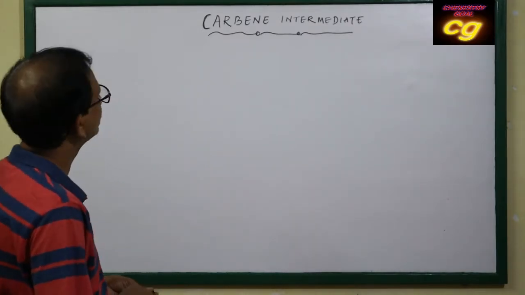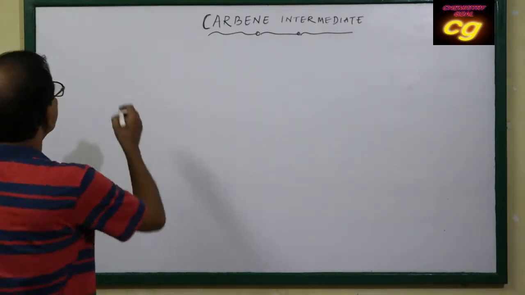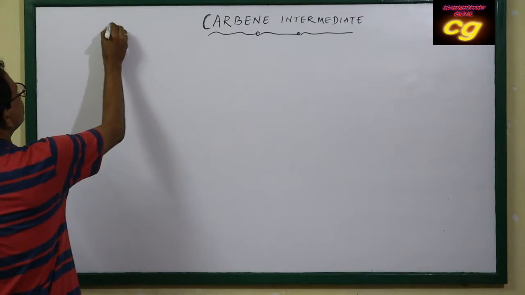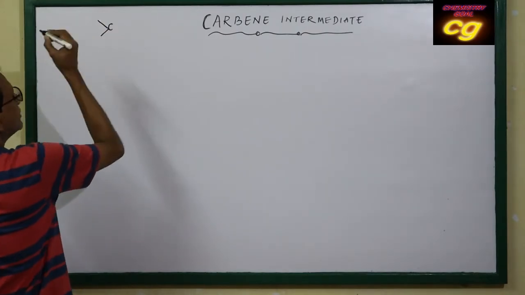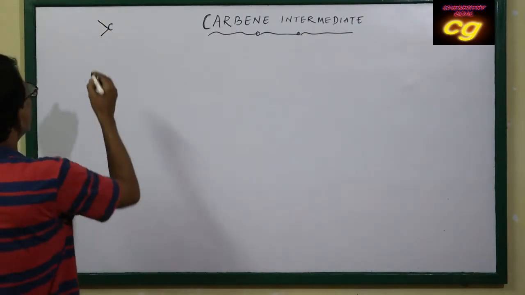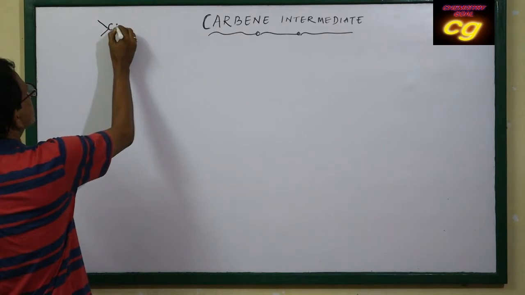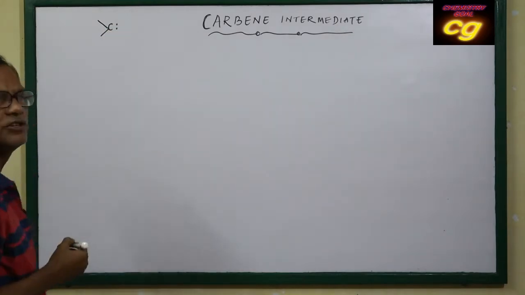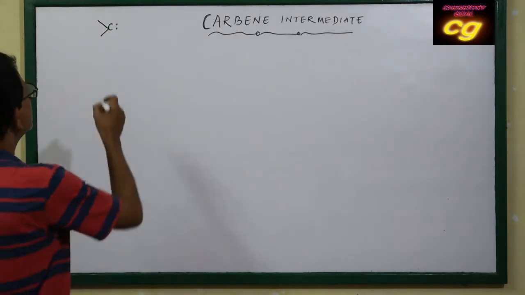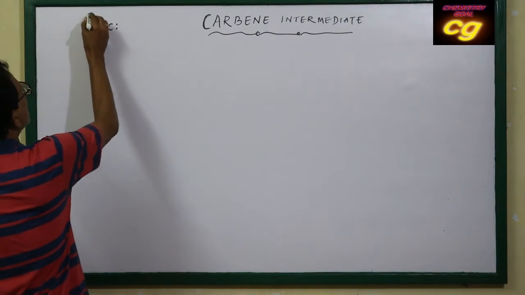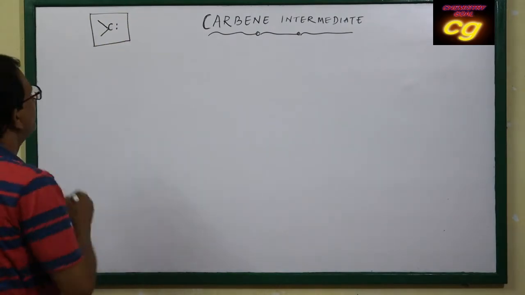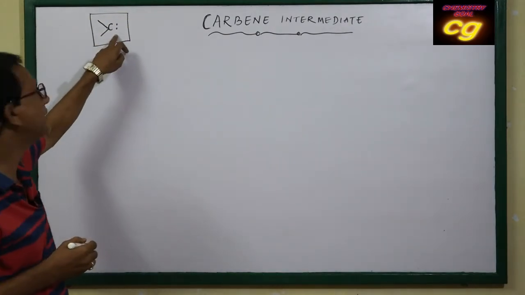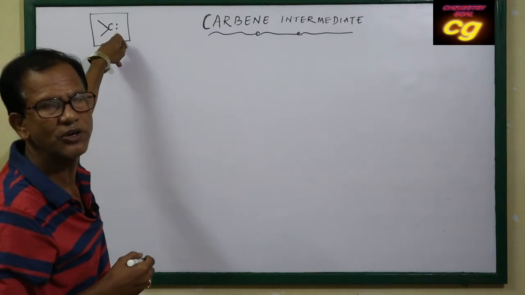The general formula of carbene is carbon having two covalent bonds containing two electrons. This is the general formula of carbene, having two bonds and two electrons.